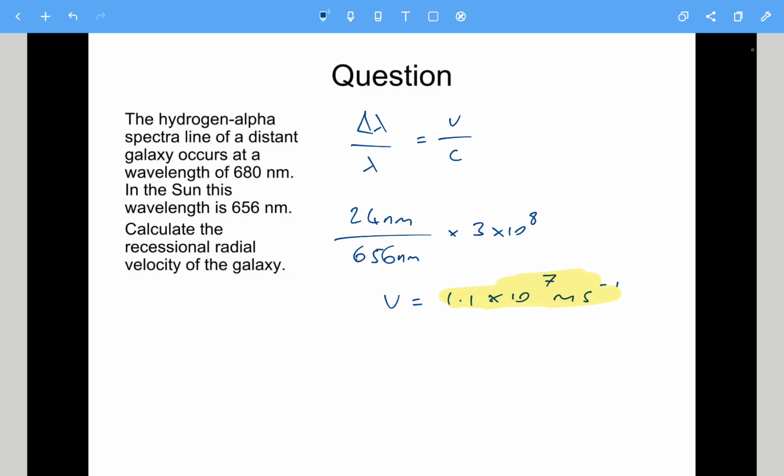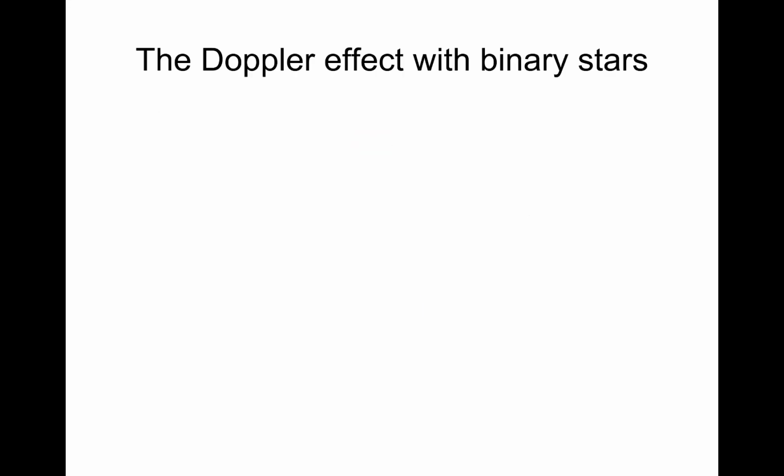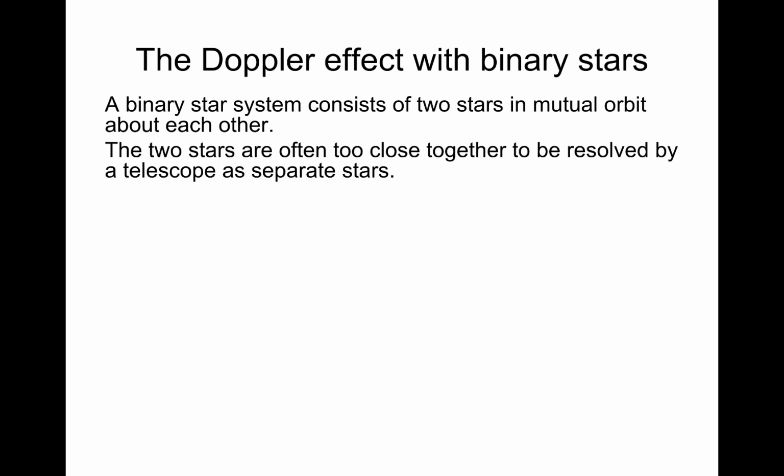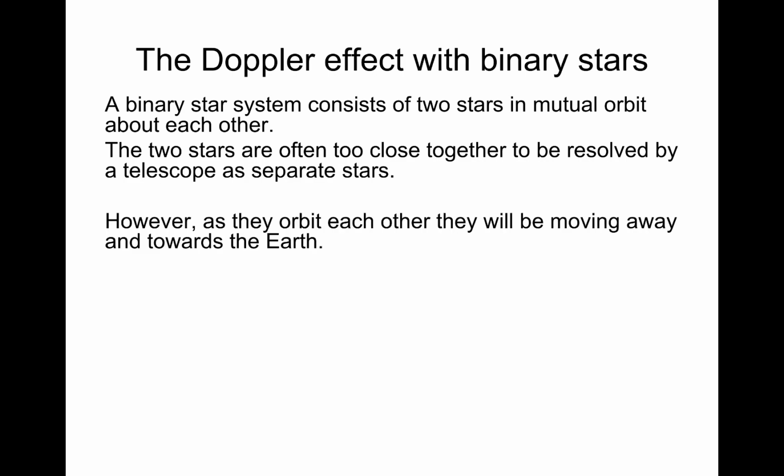Let's move on. So what we're going to do is look at the Doppler effect with binary stars. A binary star system consists of two stars in mutual orbit. They orbit around the center of mass between the two stars. The two stars are often too close together to be resolved by a telescope as separate stars. However, as they orbit each other, they'll be moving away and towards the Earth.